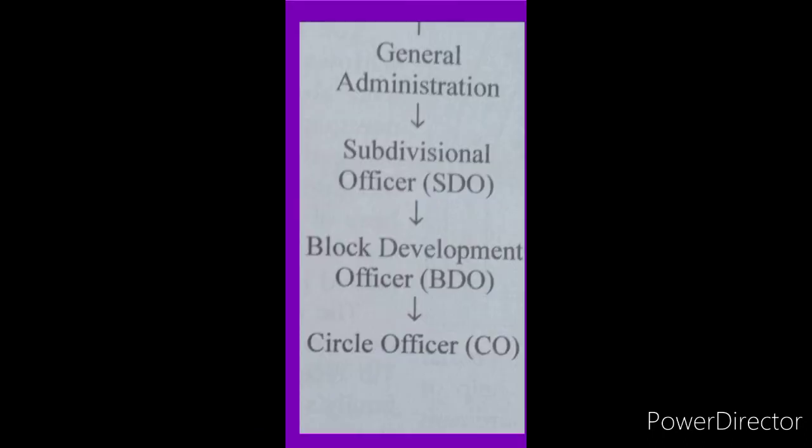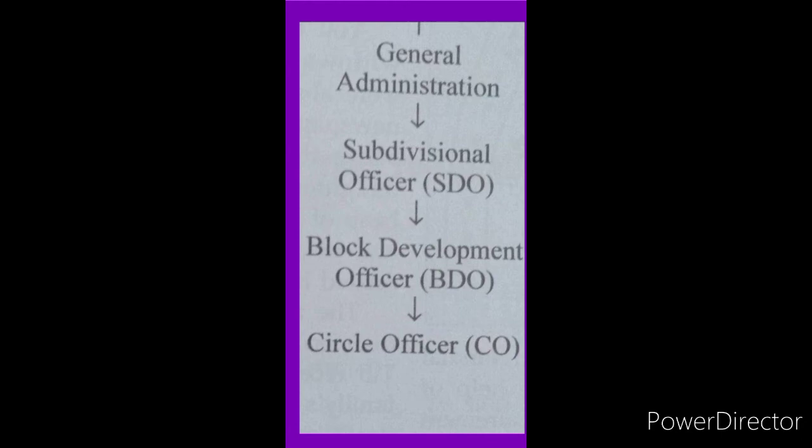The third work of rural administration or Jilla administration is looking after the general administration in the district, in which the officer in charge of a district is called the collector or deputy commissioner.